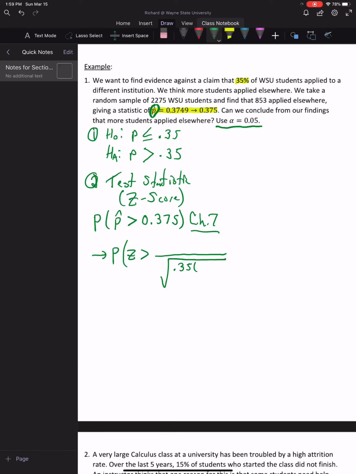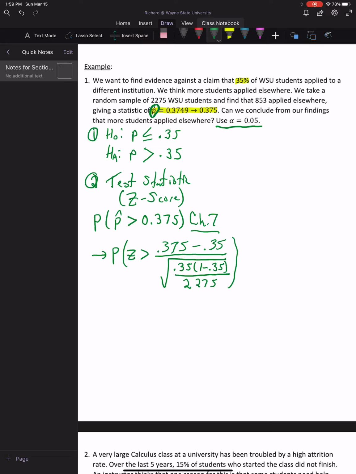0.35 times 1 minus 0.35, all divided by n, which in this case is the 2,275 students. And in the numerator, it's going to be p hat, which was 0.375, minus p, which is 0.35.